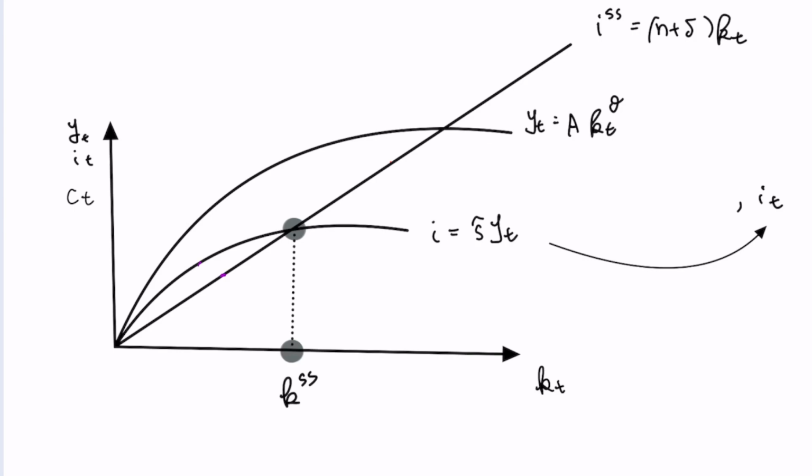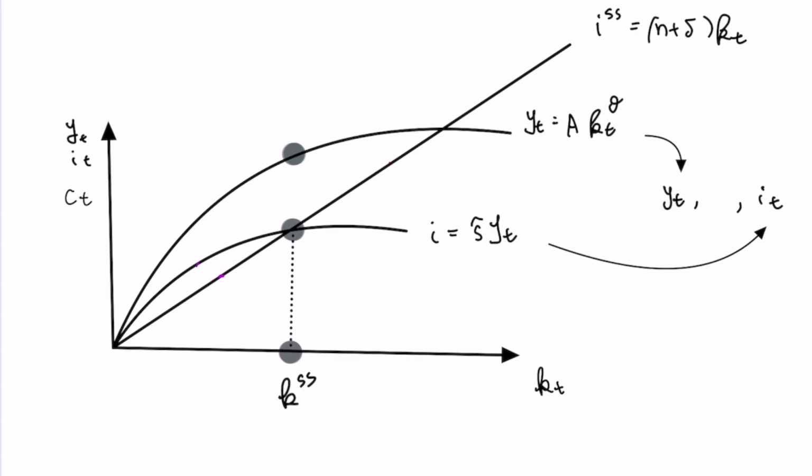From the production function, we know the size of the output, which is the output level given the K steady state. So we already know the size of the total output. We know the size of the investment. Then from the difference of these two, we get the size of the consumption, which is the distance in here.